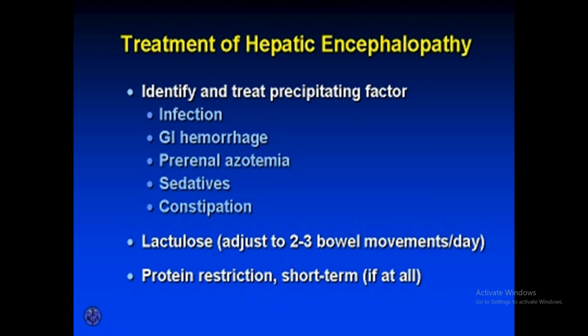Salt should hardly be given, 1 gram per 24 hours. Water can be given, 1.5 to 2 liters. This will help in the management of hepatic encephalopathy. The bacteria which are already present will be killed by different types of antibiotics, which are called enteric antibiotics.